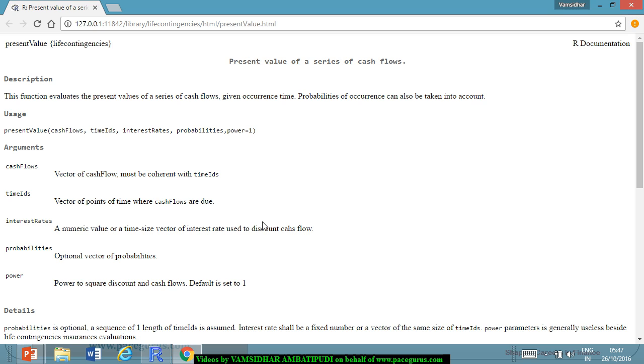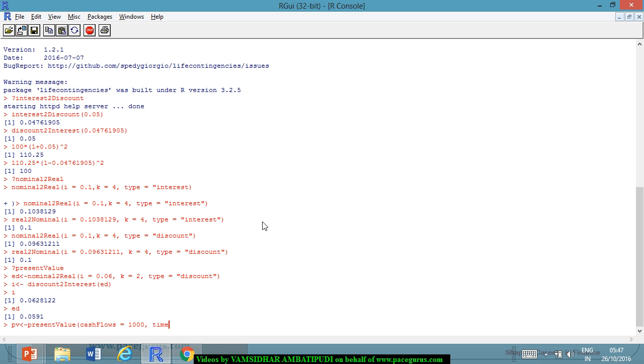Then I have to give time IDs. Time IDs is equal to, for how many years? We are talking about 6 years. So all 6 years I'm going to get the same cash flows. Right? At the end of 6 years I'm going to get the cash flow.